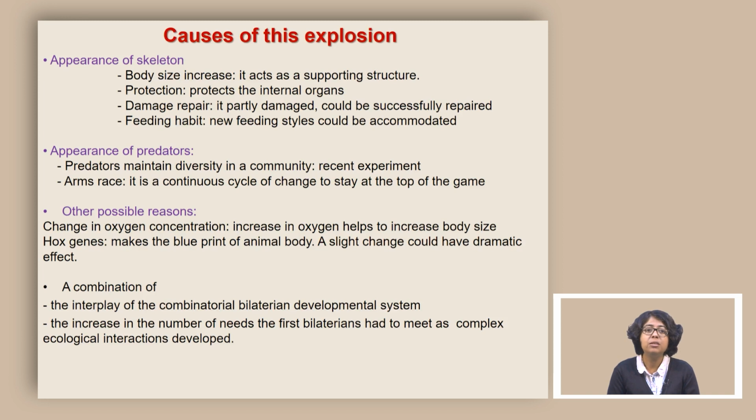So, if you change the Hox genes, it is possible to have multiple changes occurring at the same time because they regulate other genes. Now, the question is, why do we not see such changes today? Because after the Cambrian, probably after the Paleozoic, we do not see development of new phyla. So, Hox genes must be operating even today.